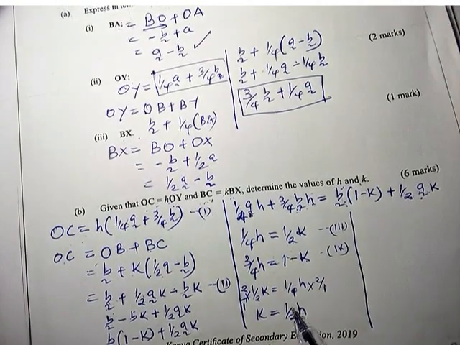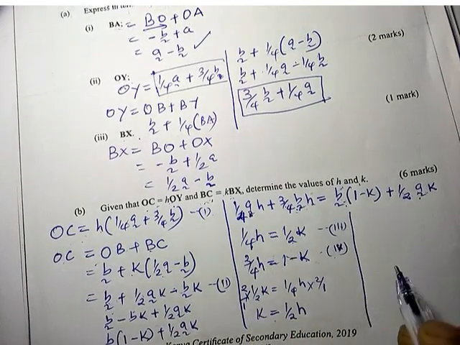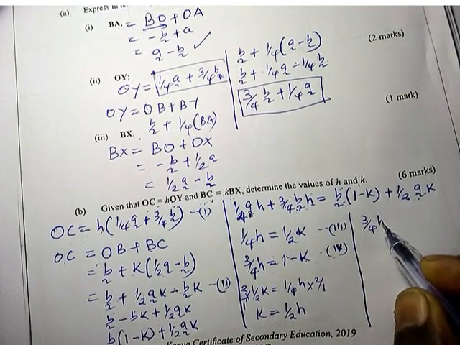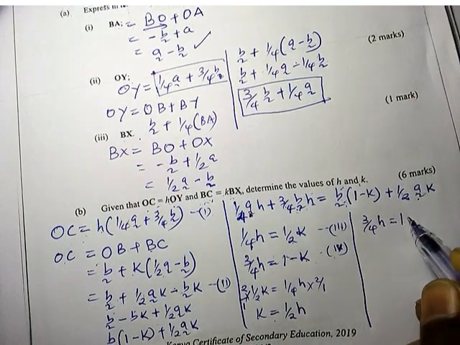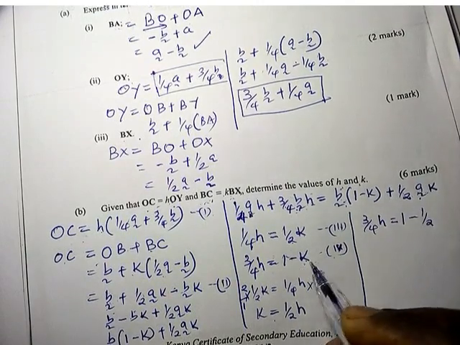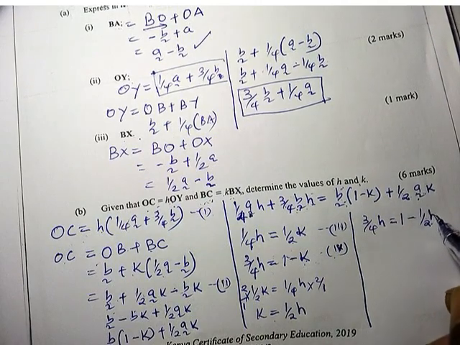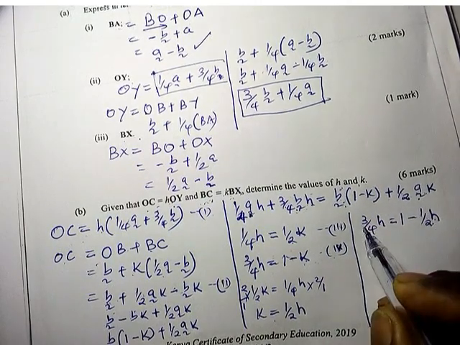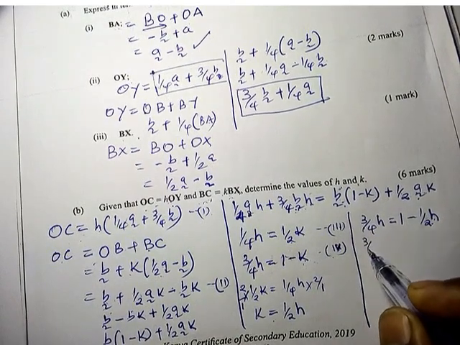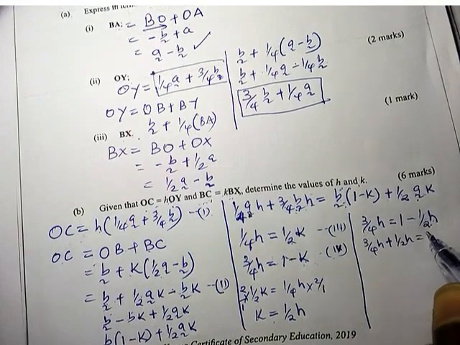And then now I will substitute this K here in equation 4. So I will say 3 over 4 H is equal to 1 minus K, but K is a half H. Like terms together, I will take this H to the other side, so that now we have 3 over 4 H plus 1 over 2 H equal to 1.